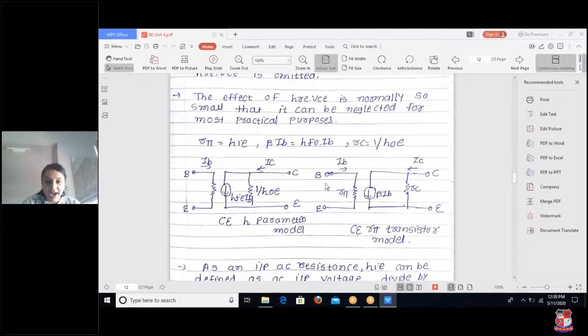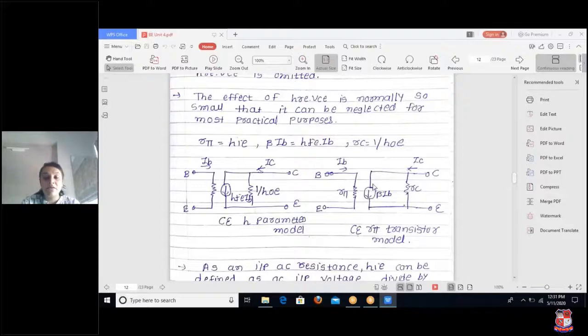The right side figure is known as the CE configuration R pi transistor model. The left one is your input side, where we consider R pi, because the voltage source is very small and is neglected.